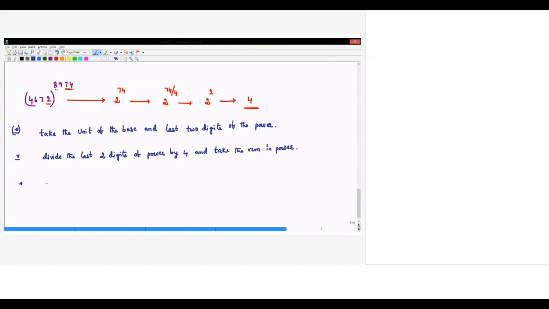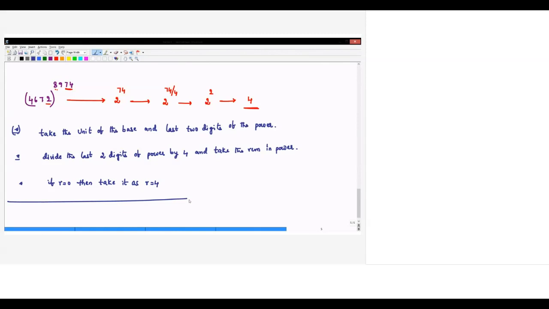If the remainder is equal to 0, then take the remainder as 4. These three steps you need to follow.